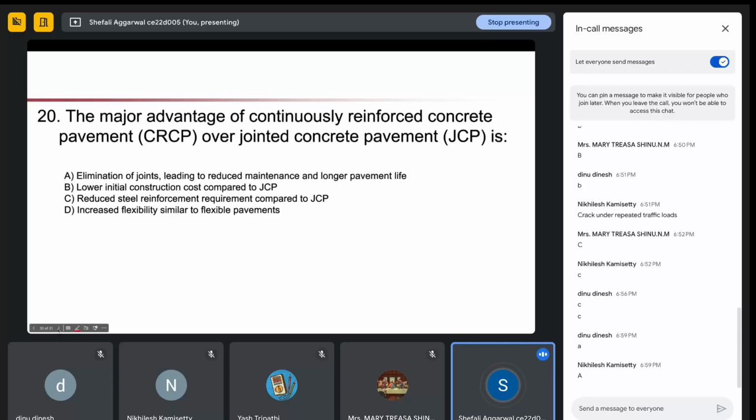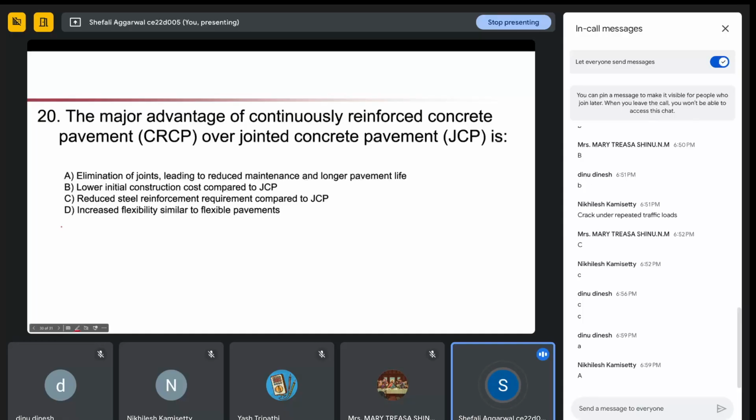So the last question is, the major advantage of continuously reinforced concrete pavement over jointed concrete pavement is: elimination of joints, leading to reduced maintenance and longer pavement life; lower initial construction cost compared to JCP; reduced steel reinforcement requirement compared to JCP; increased flexibility similar to flexible pavement.